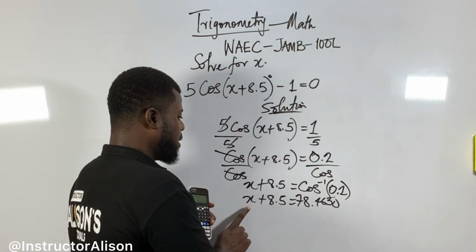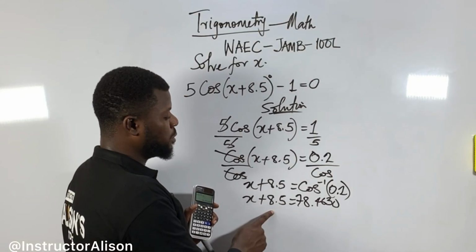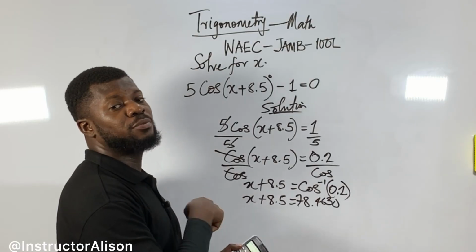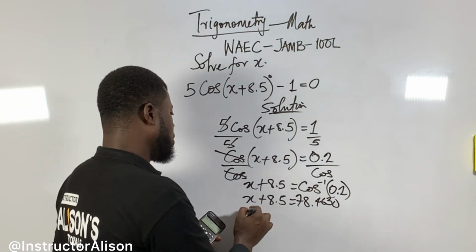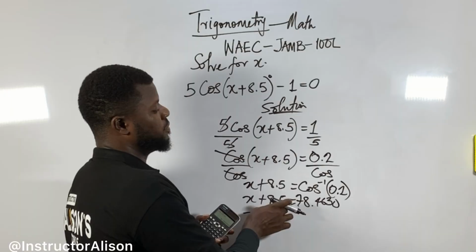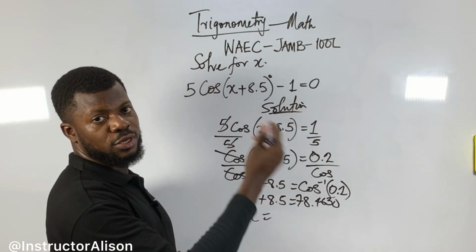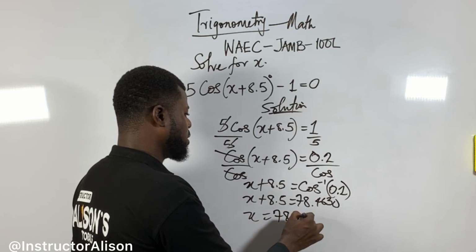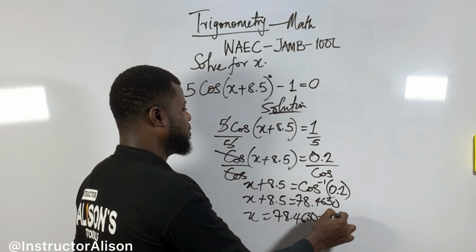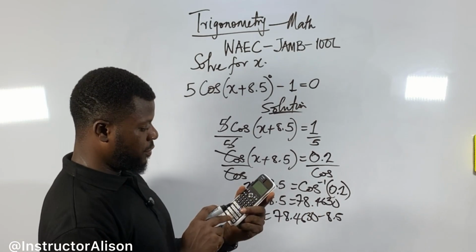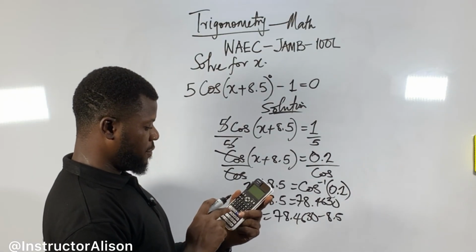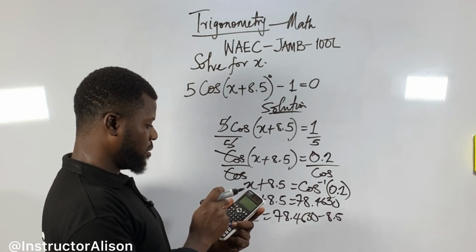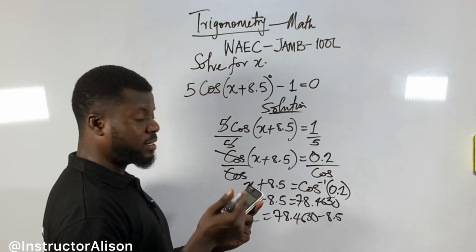So now I want to isolate x, which means to subtract 8.5 from both sides of the equation. Alternatively, you can carry 8.5 across: since it is positive, when it goes to the other side it becomes negative. So I get 78.4630 minus 8.5, which gives 69.9630.